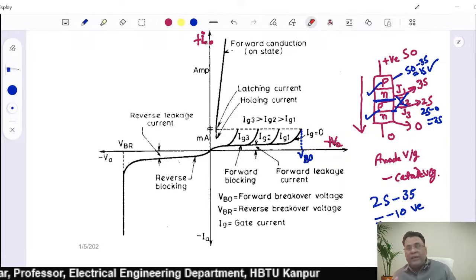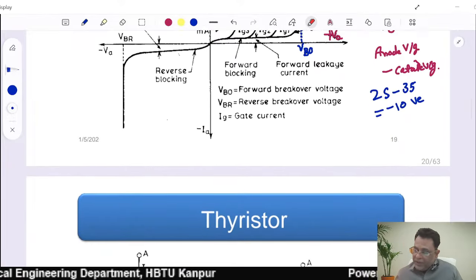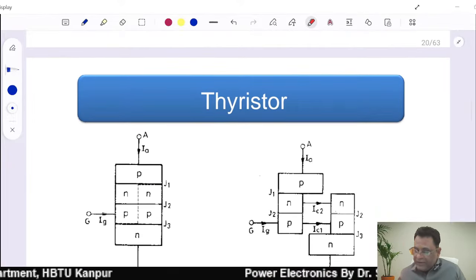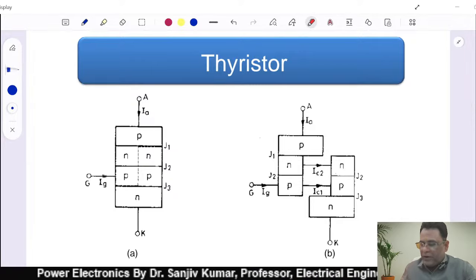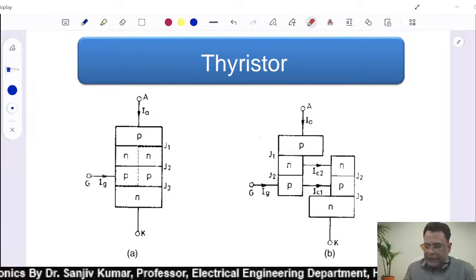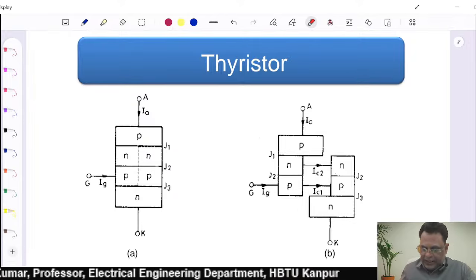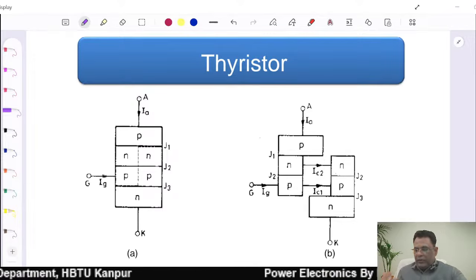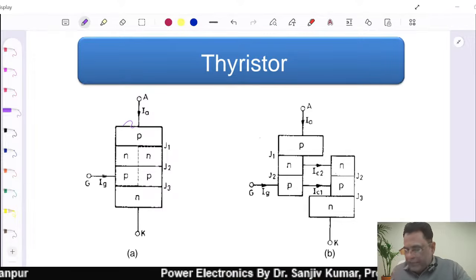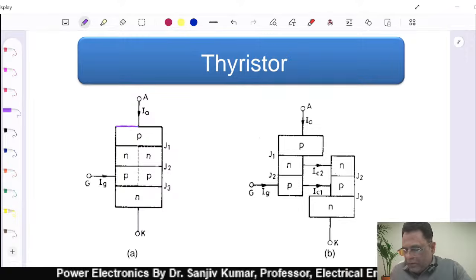Now the next thing I would like to tell in this lecture is the two-transistor model of the thyristor. Let me change the color of the pen. Okay, I am going to draw this two-transistor model for you.